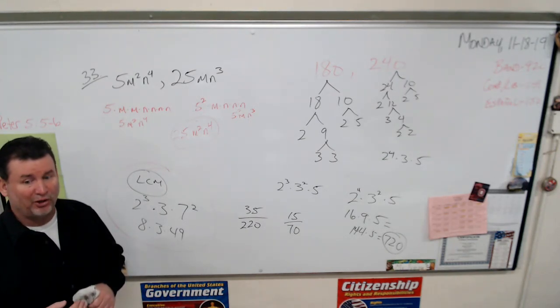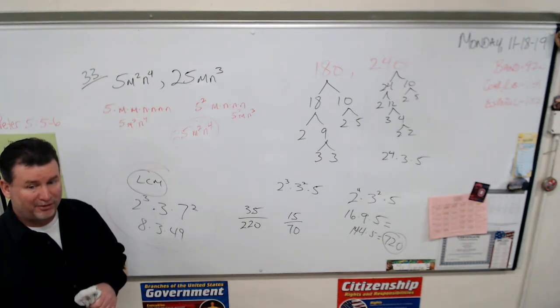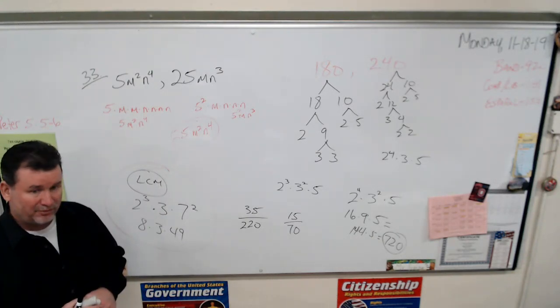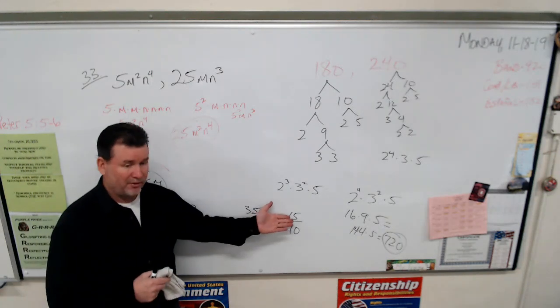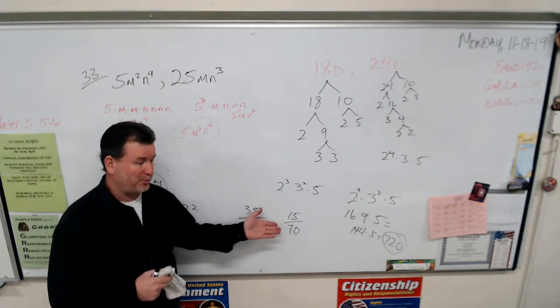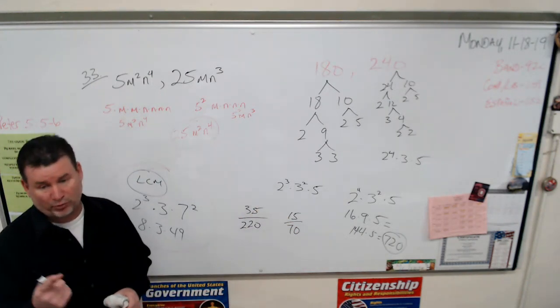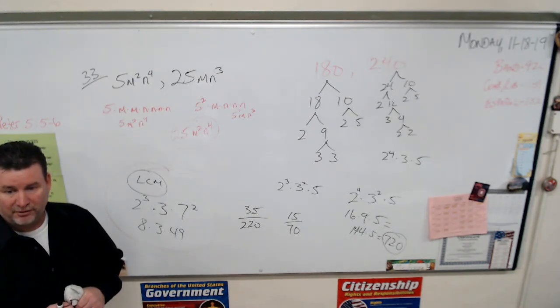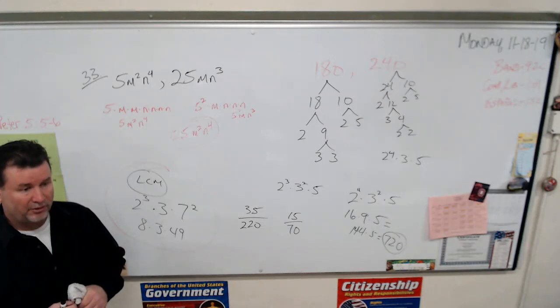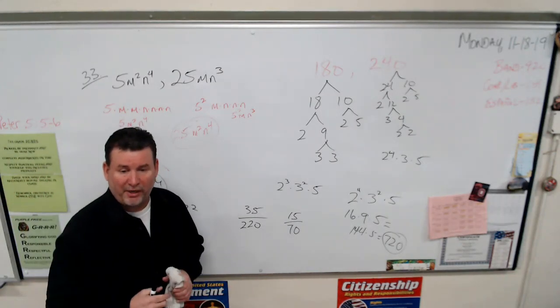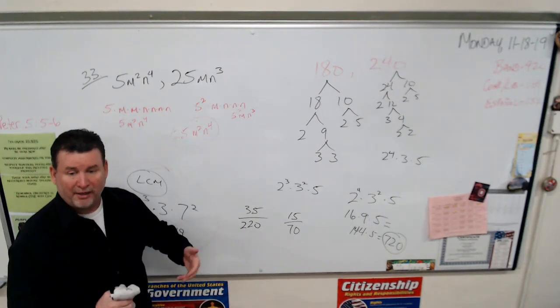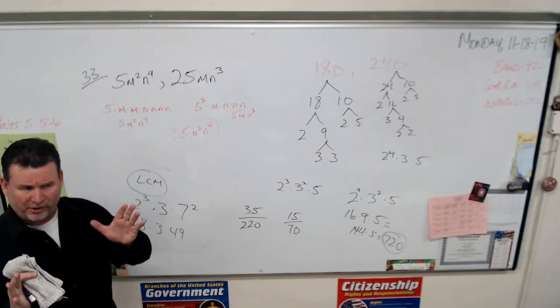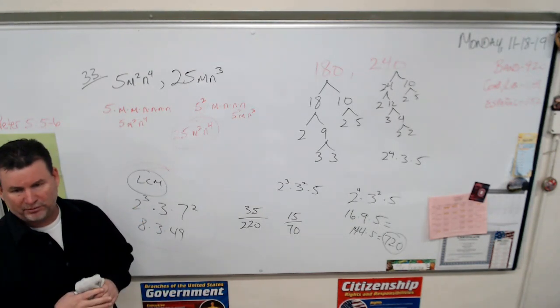You'd have to do the least common multiple. So you have to do what the least common multiple is between 220 and 70. That's one way. You could also multiply them. Another way would be trying to reduce them and get them to a point where you can make a reasonable choice.